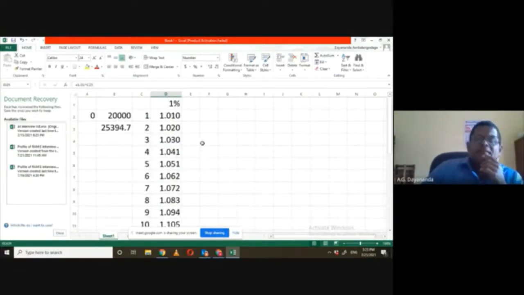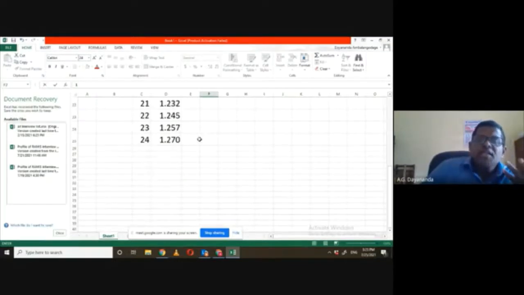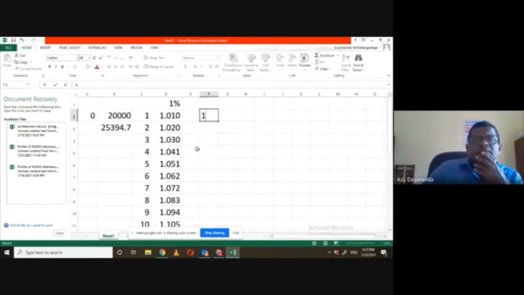Meaning, you are investing this 20,000 today. Suppose you are investing 1 rupee today. If you invest 1 rupee today, that 1 rupee investment under the compounding method, not simple interest, will be worth 1.27. That is the idea.